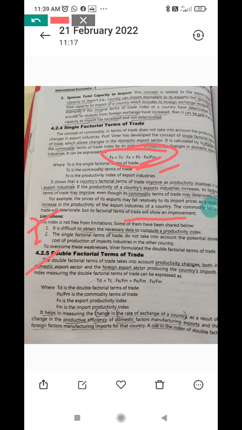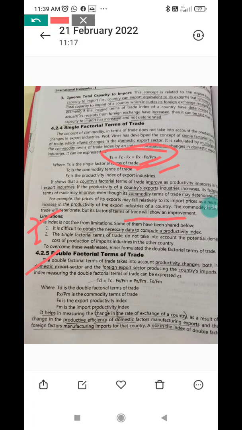Okay, a rise in the index of double factorial terms of trade of a country means a rise in index. इंडेक्स मैंने बोला था पहले पिछली वीडियो में. What do you mean by index? बहुत सारी commodity. A rise in the index of double factorial terms of trade of a country means that the productive efficiency of factors producing export has increased.